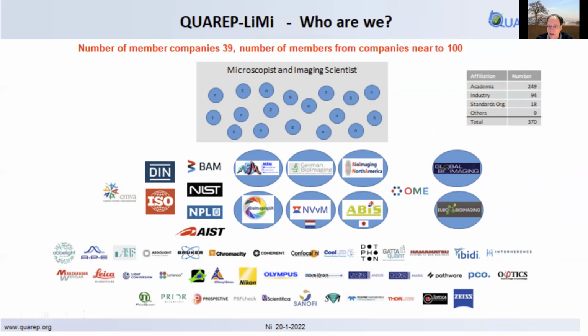These are standardization organizations, and we work tightly together with Euro and Global Bioimaging and OME. So all people working in these sub-communities are also in QUAREP, and the big white collection of icons which you see down there are all companies. We now have 40 companies working with almost 100 persons in QUAREP-LiMi.